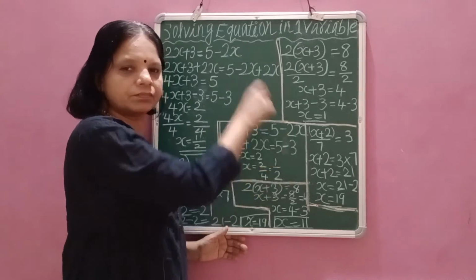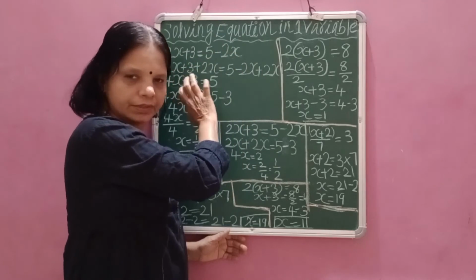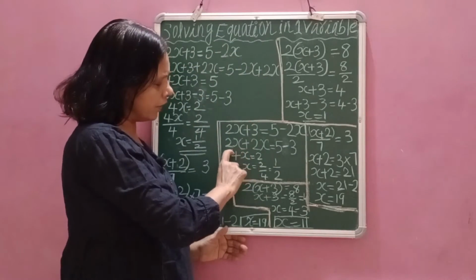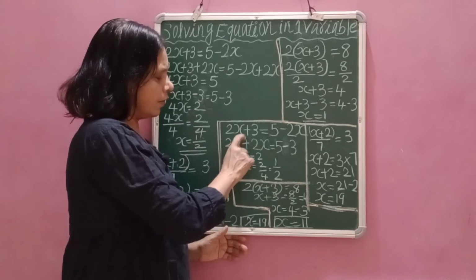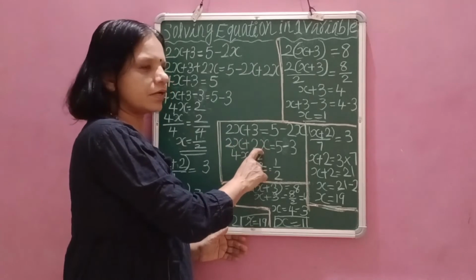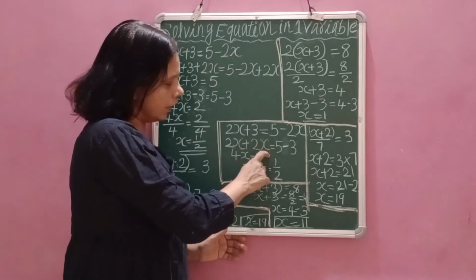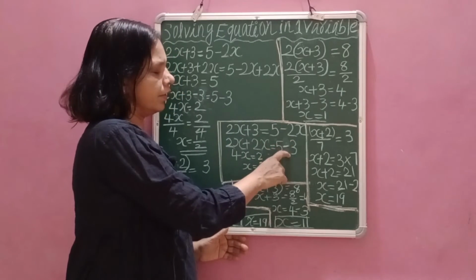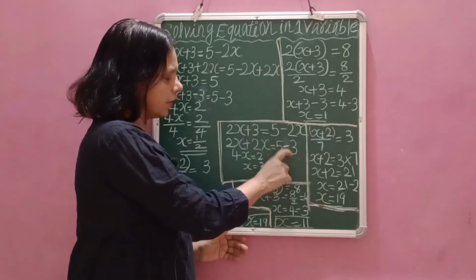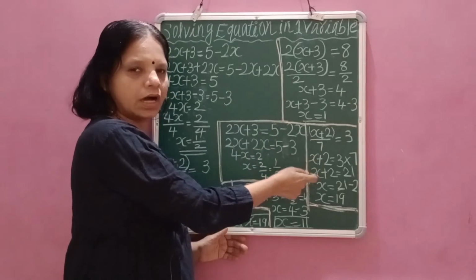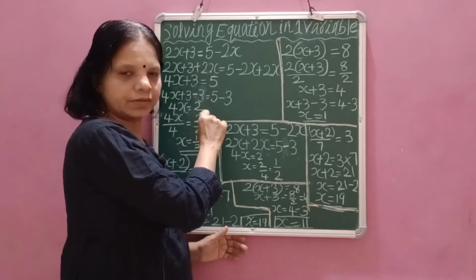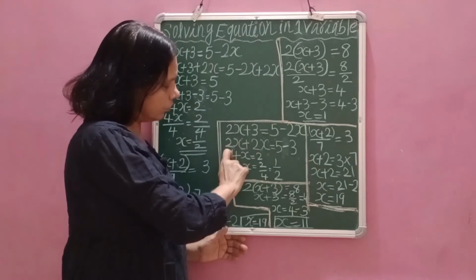That is generalized from the property of equality only. So next step you can write as 2x plus 2x. How this 2x came? Minus 2x we have taken to LHS, equal to 5 minus 3. How this minus 3 came? Plus 3 we have taken to RHS. Addition becomes subtraction. So we got the answer.